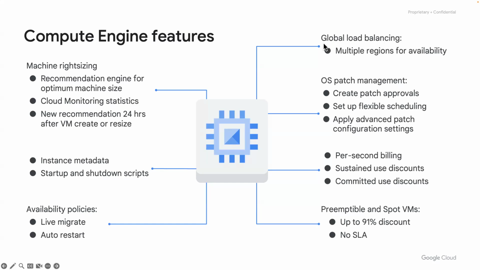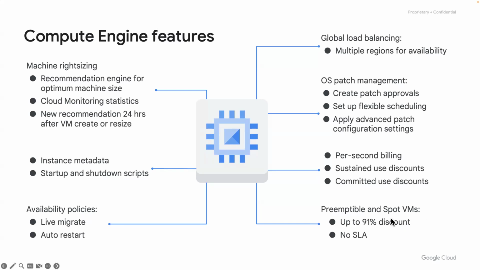Then global cloud, global load balancing. You can integrate load balancing with Compute Engine. Patch management, billing, different types of discounts are available with billing, and some additional advanced features like preemptible, spot instances, sole-tenant nodes.